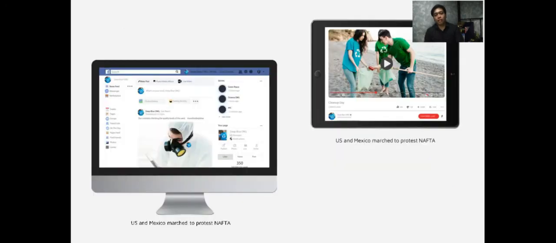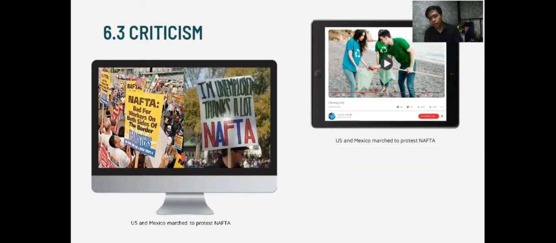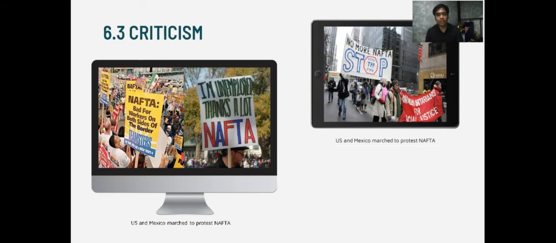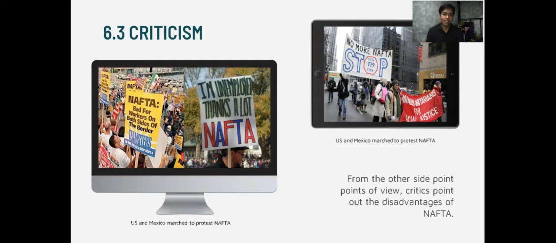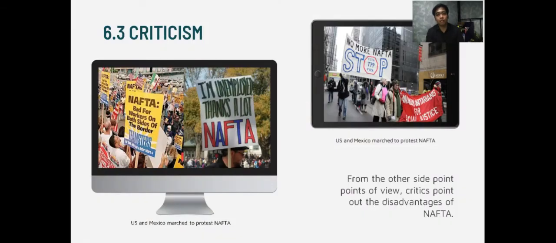So, the criticism. On the other hand, critics point out the disadvantages of NAFTA. NAFTA has been criticized for taking away US jobs, although positive things have also been done for the economy.